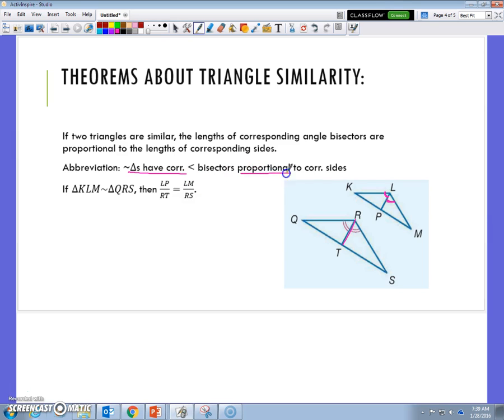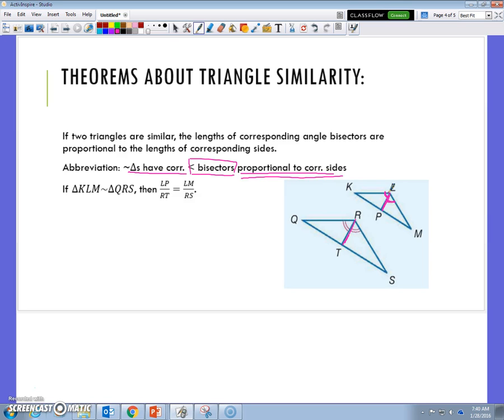So what you'll notice is, and we're going to do another theorem like this tomorrow, if you can just remember, similar triangles have corresponding, and then this is really the only word that changes. So once you have them down, you'll know what you're talking about, and all the theorems kind of go together the same way. But enough talking. I think we get the idea. If it's an angle bisector, that also qualifies to be part of my scale factor.